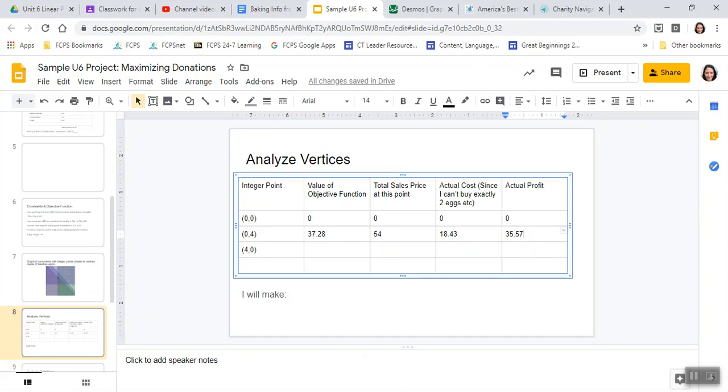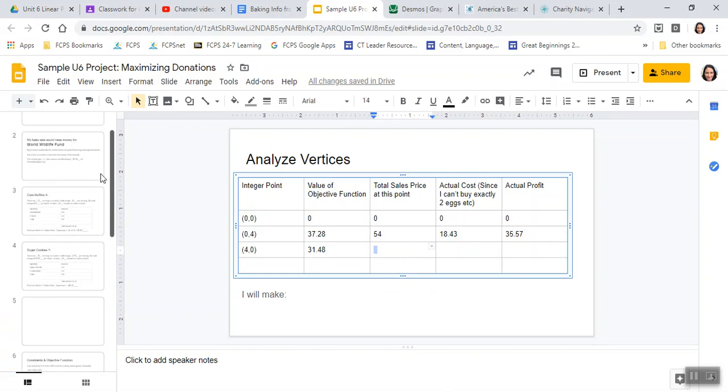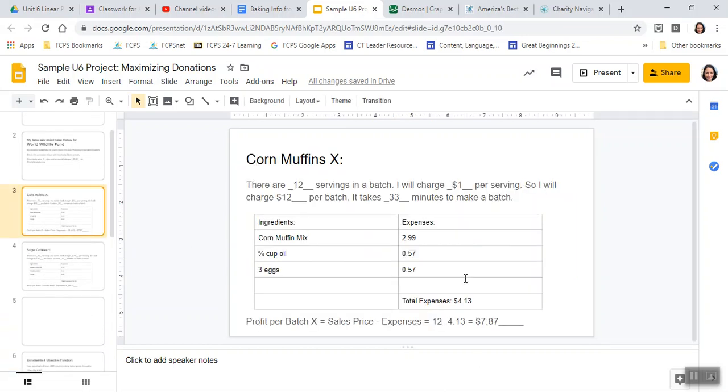Okay, so the value of my objective function is going to be $31.48. My sales price at this point, let's go back and see. So I'm charging $12 per batch times 4 batches.